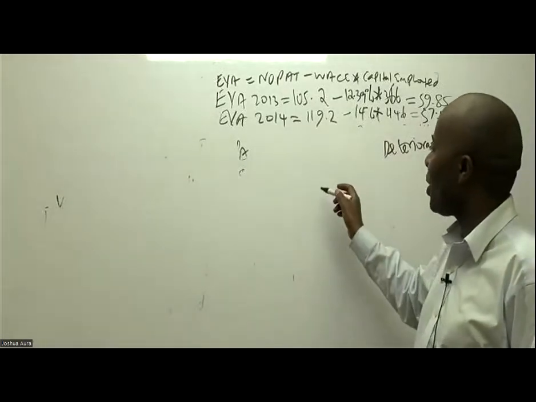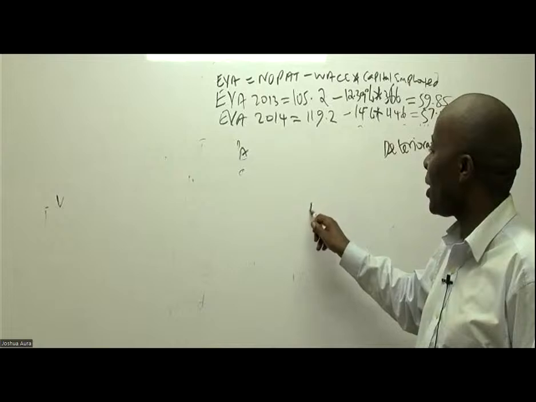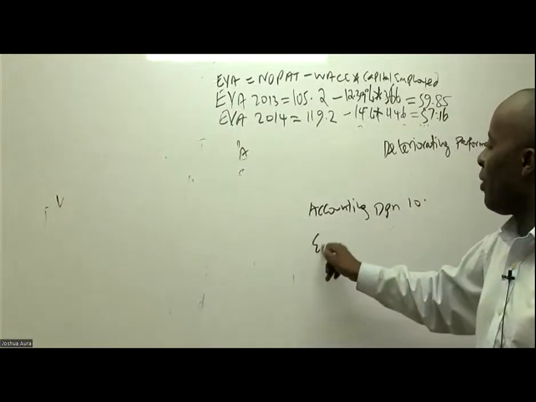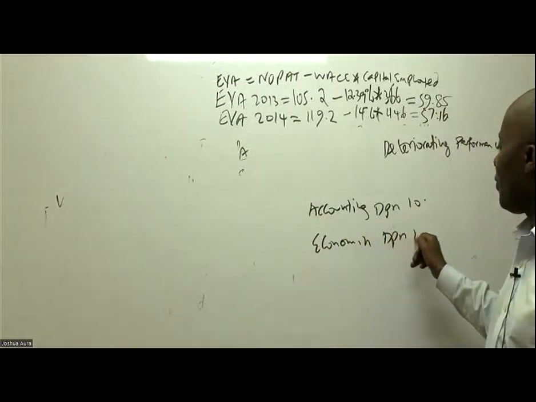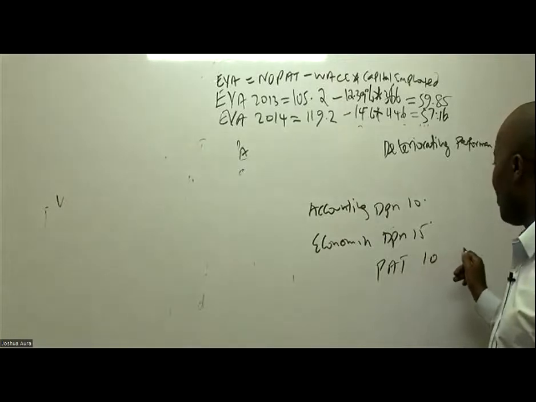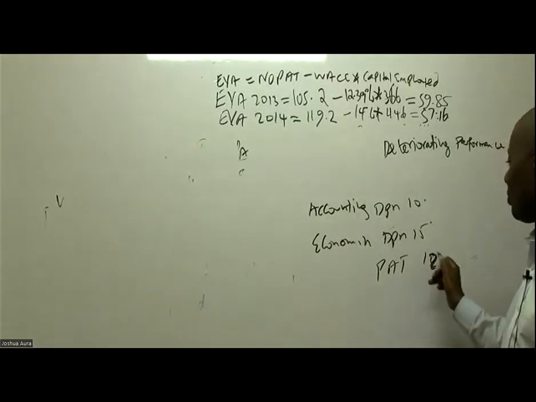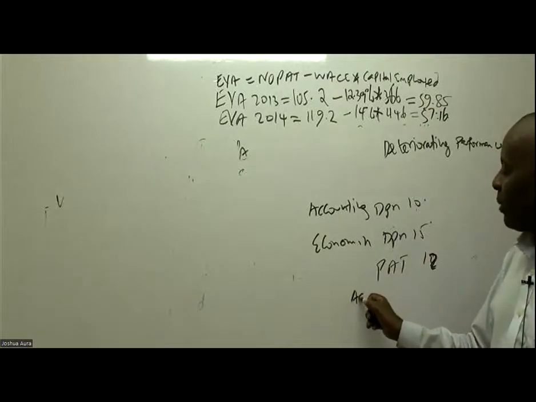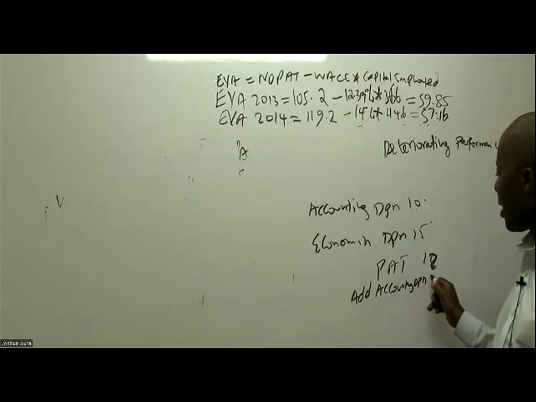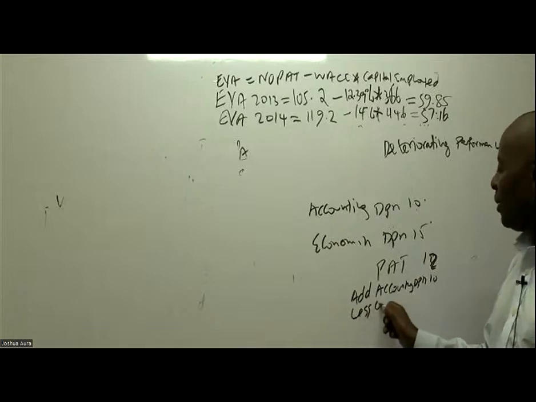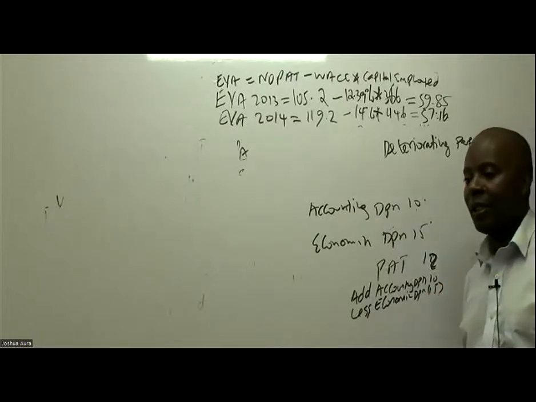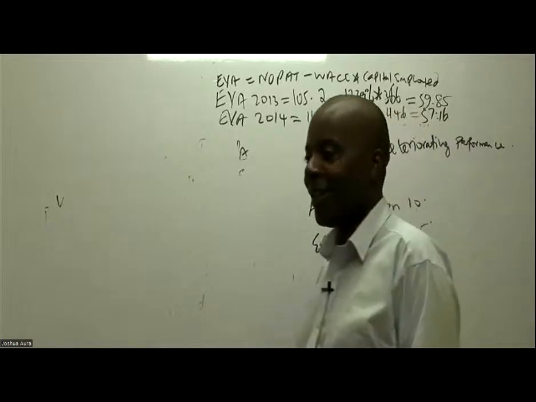There is somebody who was asking about economic depreciation. If, for example, they told us that accounting or book depreciation is 10, and economic depreciation is 15, then what I would do is take the profit after tax, add back the accounting depreciation, which is the bad one, 10, and then less the economic depreciation, 15.